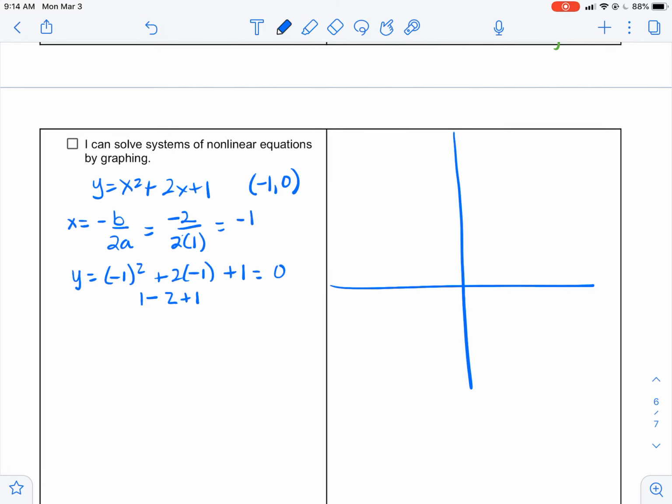I could also factor it now to find my x-intercepts. So what are factors of 1 that add to 2? Well, in this case, it would be x plus 1 and x plus 1, which means that my x would be negative 1, 0. And I put it in and I get the 0.